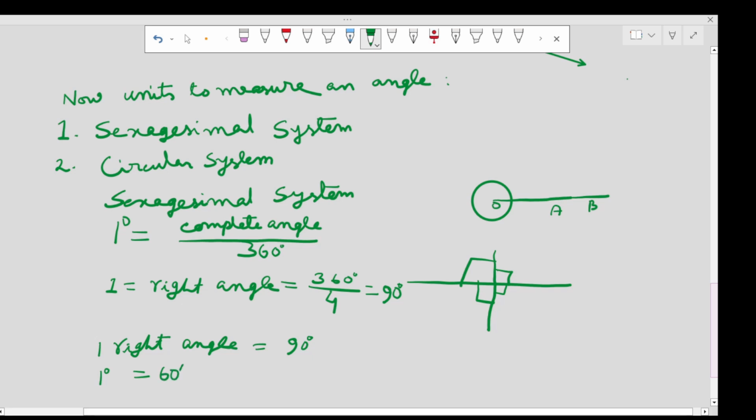1 degree is equal to, what is the meaning of this symbol, prime? 60 minutes. If this symbol is given, we read 60 minutes. If we don't give this symbol, then we will read 60 minutes.